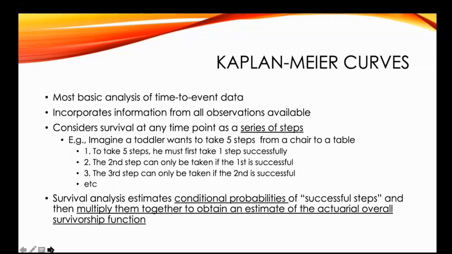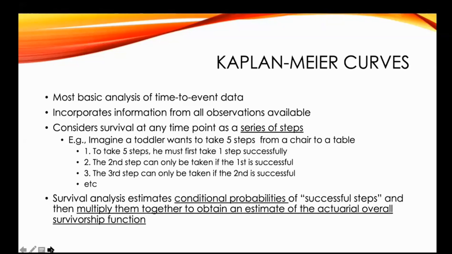Kaplan-Meier curves are the most basic analysis of time to event data. Kaplan-Meier analyses incorporate information from all observations available, and they consider survival at any time point as a series of steps. So an analogy to think of is a toddler who wants to get from a chair to a table. It takes about 5 steps to get from the chair to the table, but in order to make those 5 steps, the toddler first has to take the first step successfully.